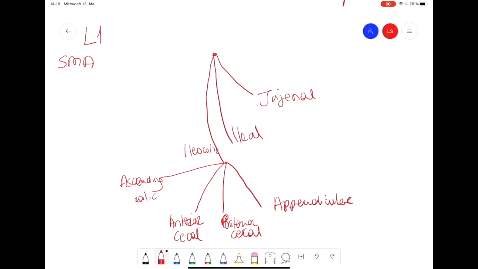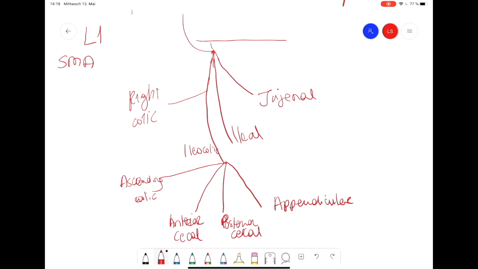And then we have another branch, which is the right colic. Then we have the middle colic as well. Put it like this, so better.